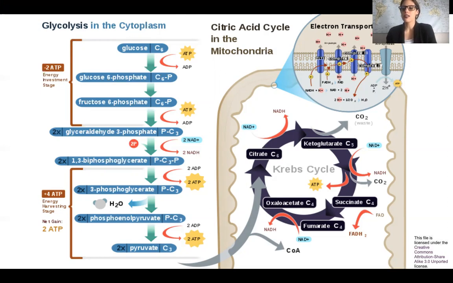Now, in this process, the electron transport chain is composed of 4 large multi-protein complexes, and these are embedded within the mitochondria itself.